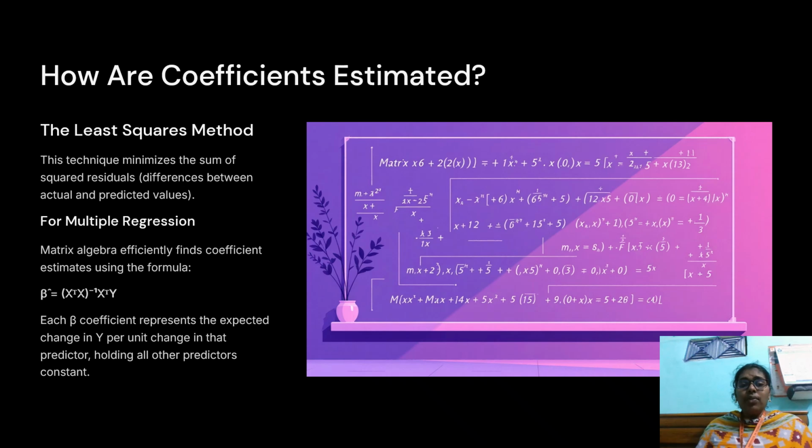How are the coefficients estimated? The least squares method. This technique minimizes the sum of the squared residuals, the differences between the actual and predicted values.